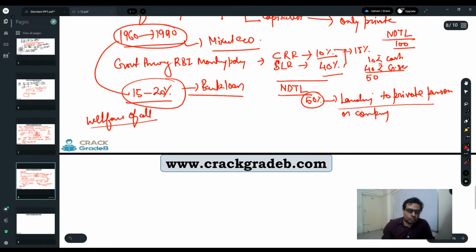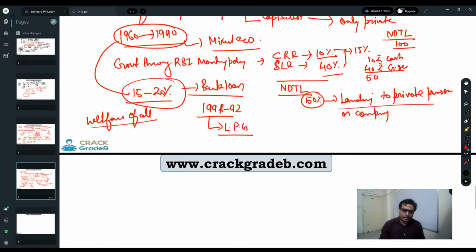So this is what happened when you liberalized your economy in 1991, 1992. When you went for liberalization, privatization, and globalization, you went for a gradual decrease of CRR and SLR, right? And in that way, what happened?